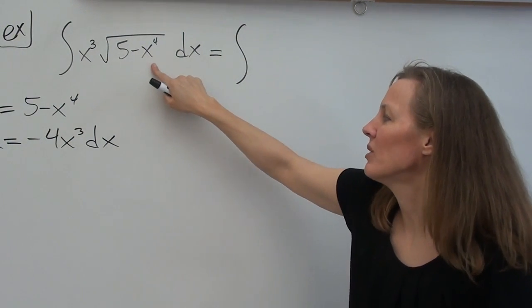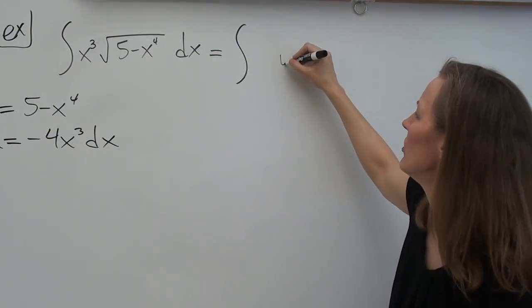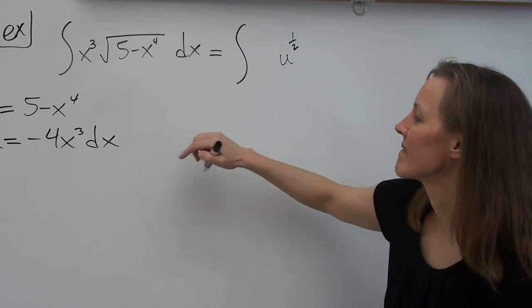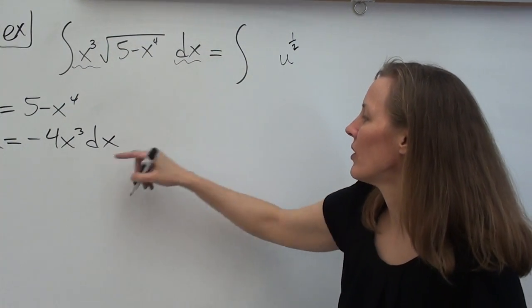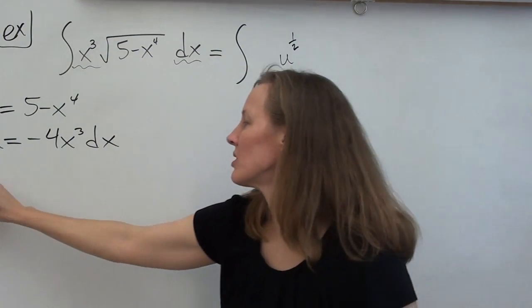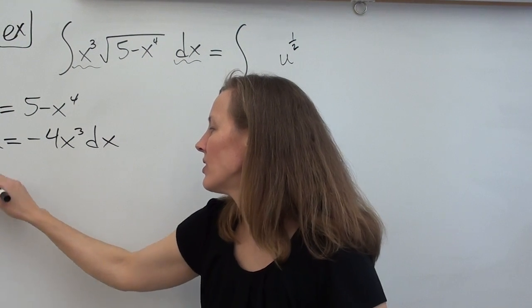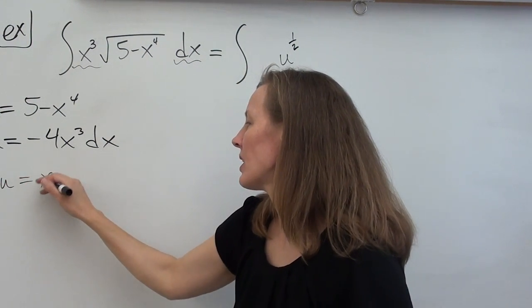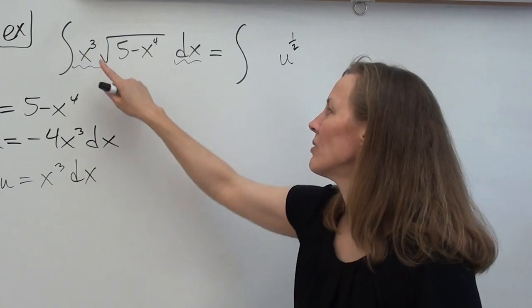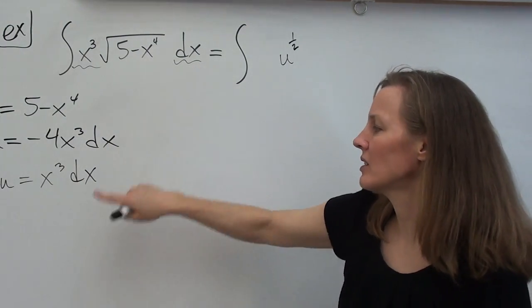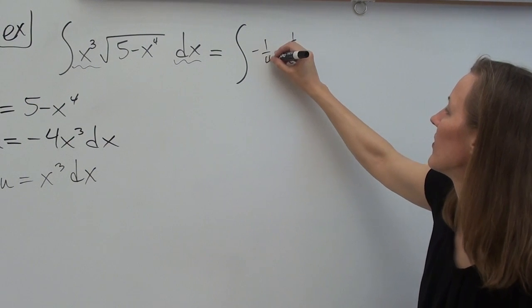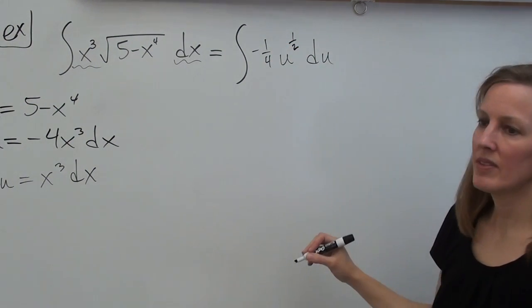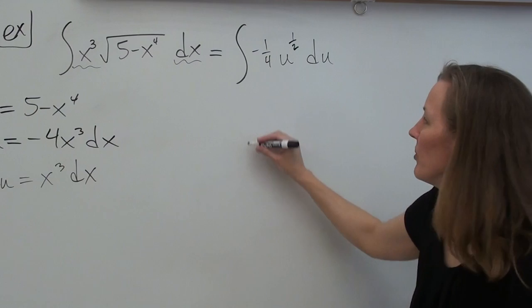Alright, so we're going to replace this with u to the 1/2. And we need an x cubed dx, right? So I'm going to solve x cubed dx. I'm going to divide that negative 4 out. So negative 1/4 du equals x cubed dx. So I can replace the x cubed dx with a negative 1/4 du. And now it's just a normal integral.